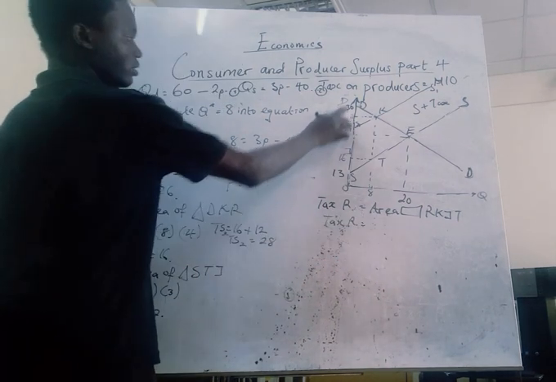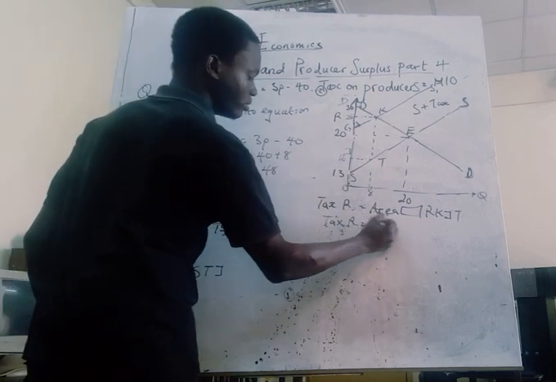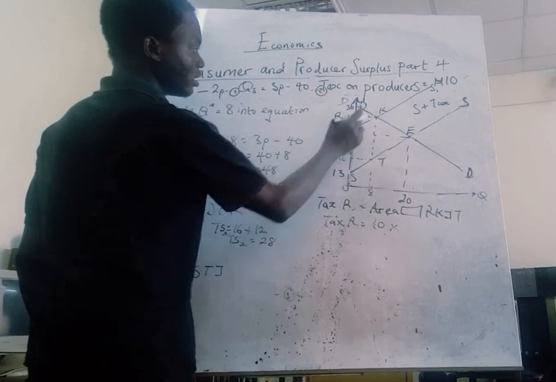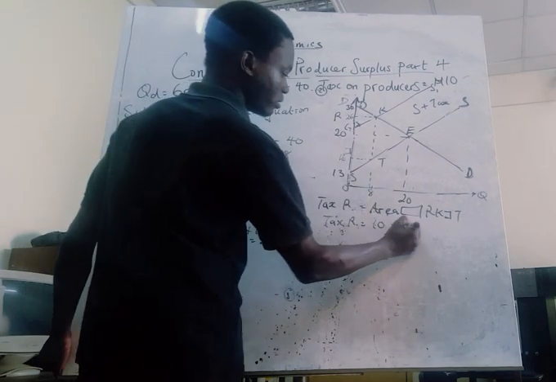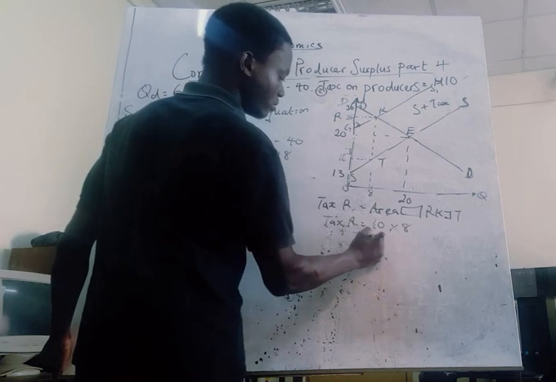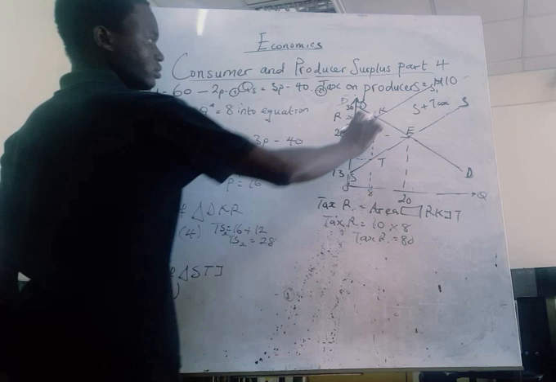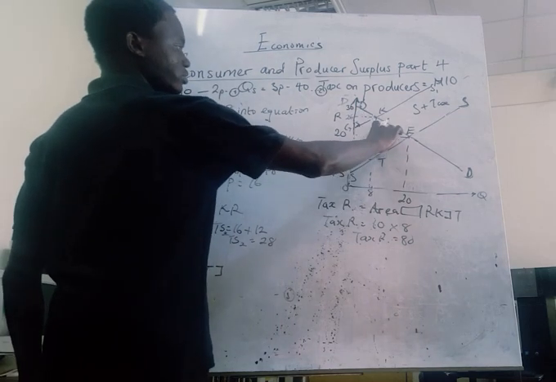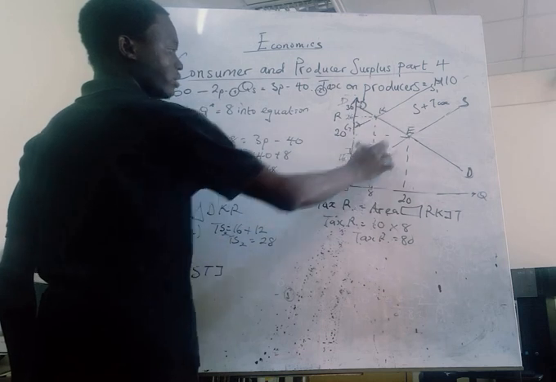This is the longer part, so 26 minus 16 is 10. That's the length, 10 times the breadth, which is the difference between here and here, which is 8. So the tax revenue here is 80.